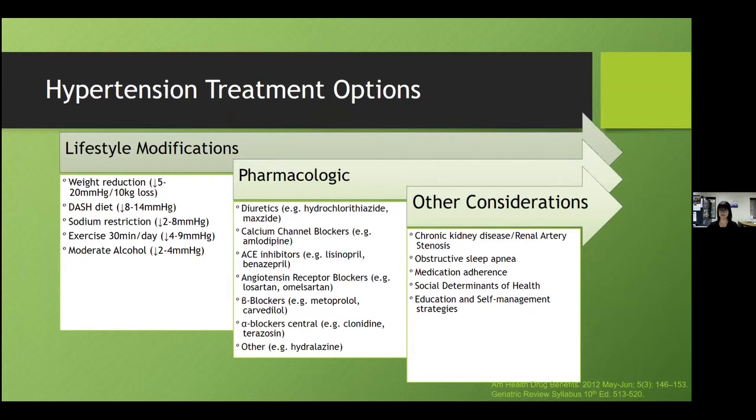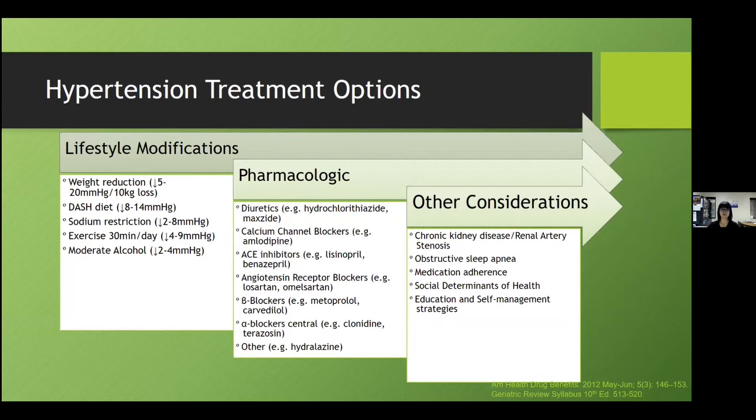Maybe, maybe not. I think that's a conversation with the patient about their goals. But definitely at least start with some lifestyle modifications, and give that individual, with close follow-up, the opportunity to make some changes that may bring their blood pressure back down into a normal or acceptable range without medications. That is a good place to start.